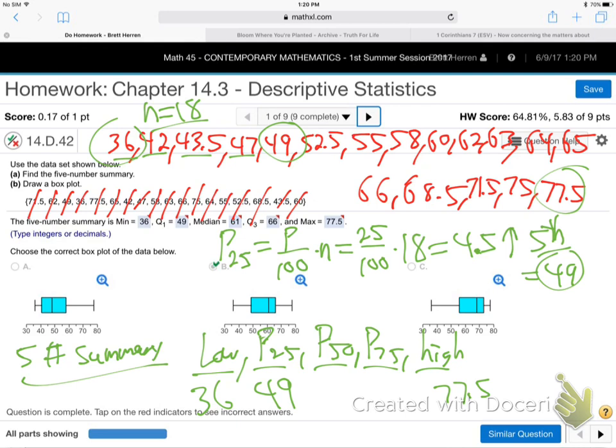Keep going now. So we've got the low and the high. We've got the low and the high numbers in the data set. We got the P25 number. Now find the P50 and the P75. So P50, P over 100 times N. I'm running out of room to do this problem.